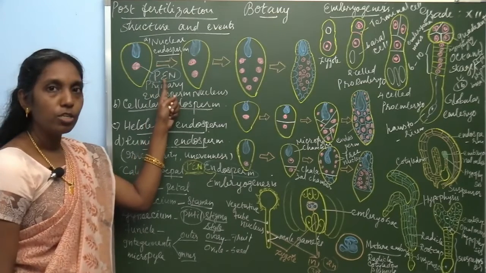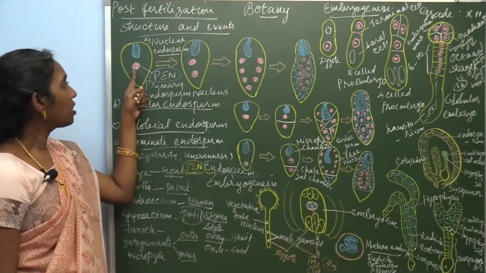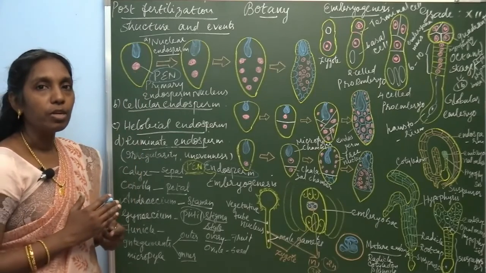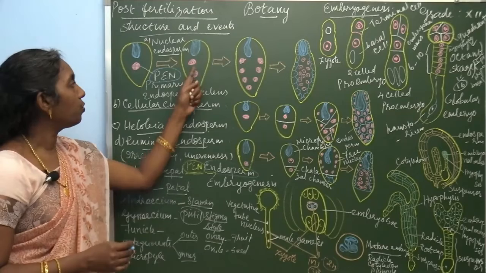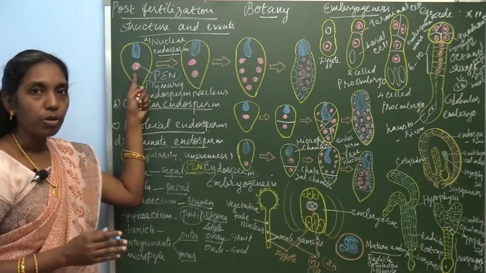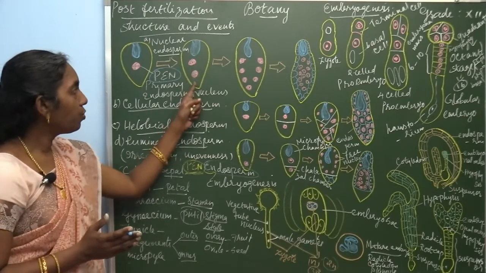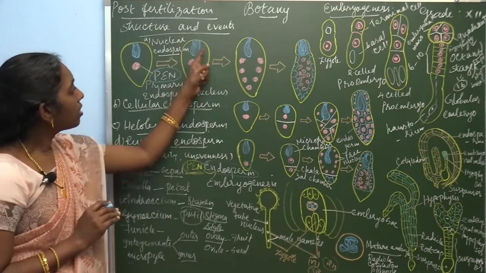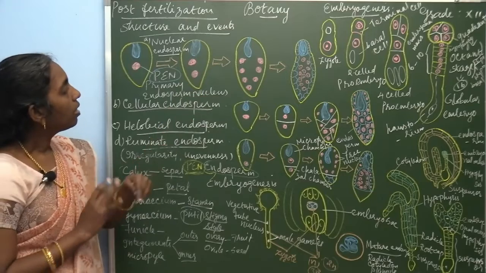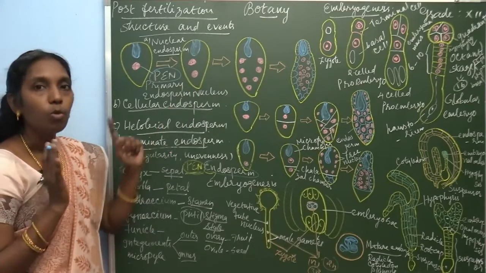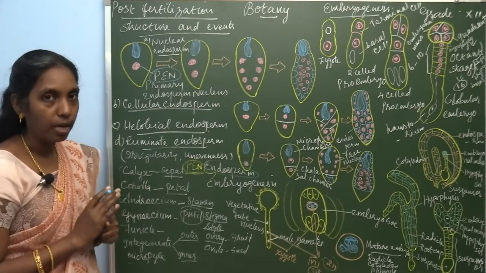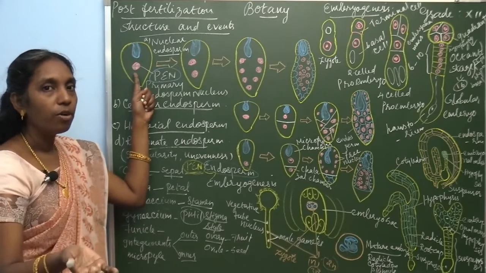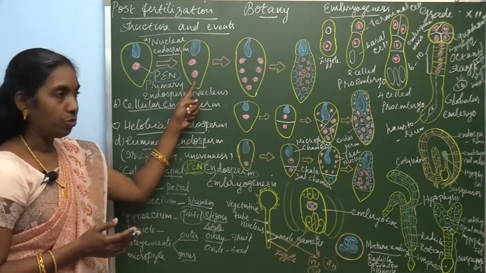The primary endosperm nucleus divides into two without wall formation. In this diagram, observe that there is no formation of wall. Wall formation is absent.